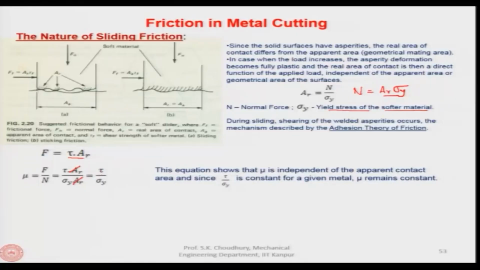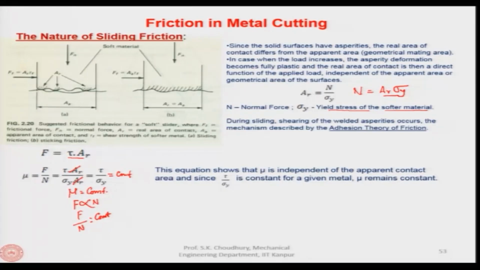This ratio of tau and sigma y reasonably remains constant for a wide range of materials, and therefore, for a given metal, this mu remains constant. That means F is proportional to N, or F by N is constant, which is mu.